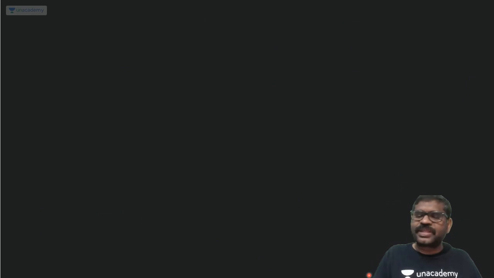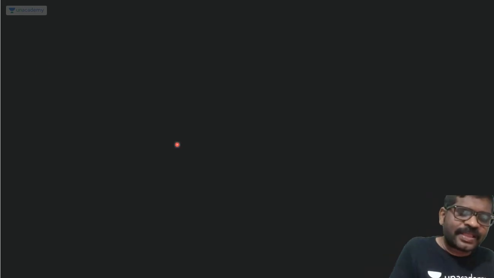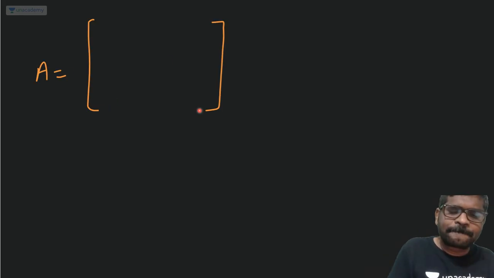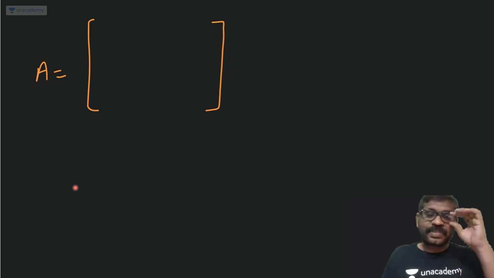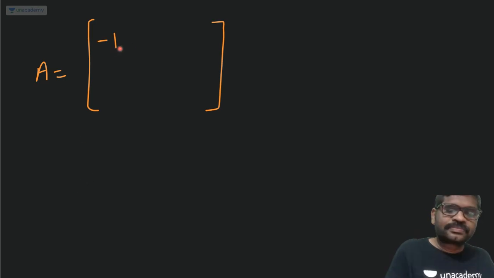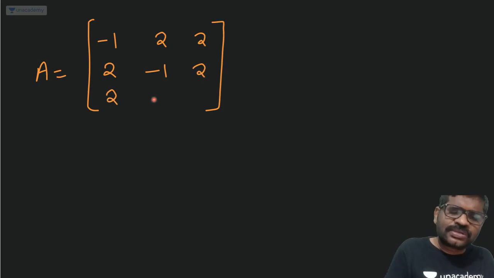Observe. Suppose your matrix is 3 cross 3: -1, 2, 2, 2, -1, 2, 2, 2, -1.